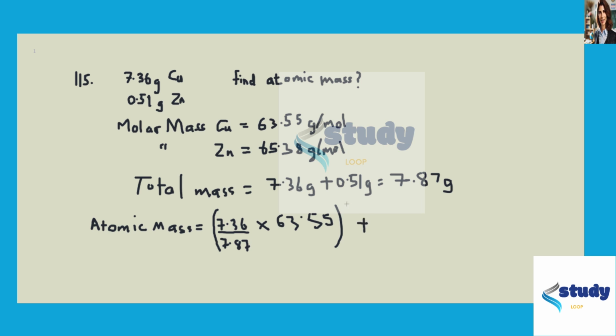Now we have to do the same thing for zinc. For zinc, we have 0.51 grams, and the total mass of the sample is again 7.87. That's the ratio of zinc in our sample. Multiply this by the molar mass of zinc, which is 65.38.